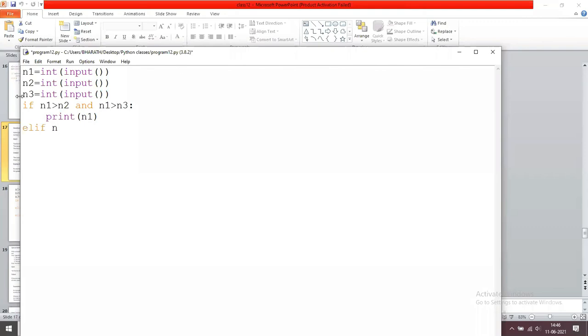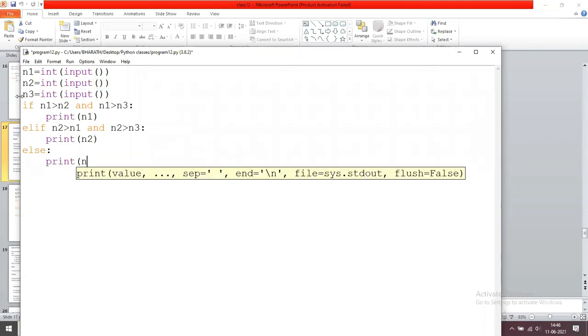Else if n2 is greater than n1 and n2 is greater than n3, then you print n2 as output. Else you print n3.